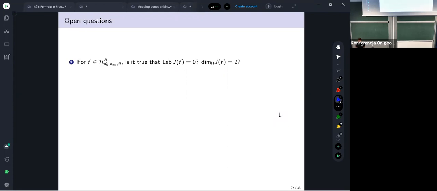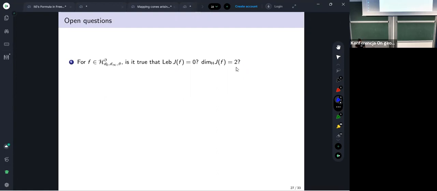Is it also true that maybe the Lebesgue measure of the Julia set is 0? Unfortunately, we don't know. I do think that the answers to both of these questions are positive. It seems like it would be 2 because if you zoom near the critical points, there is no porosity that is evident in the picture, at least numerically.